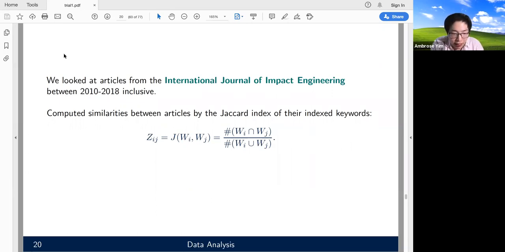And here, this is intended as a kind of proof of concept, and we just use the simplest thing that we could compute. And of course, we could do topic modeling on abstracts and compute similarities in that space.